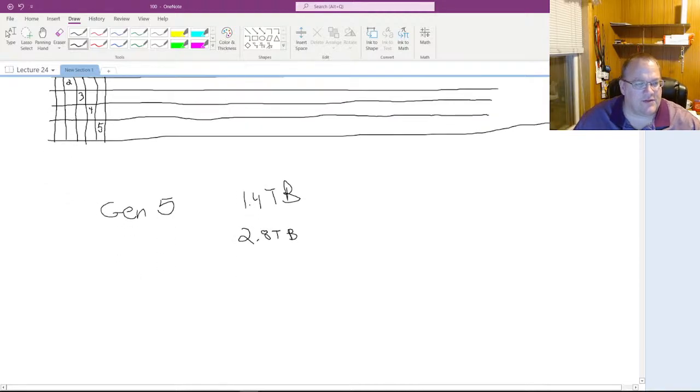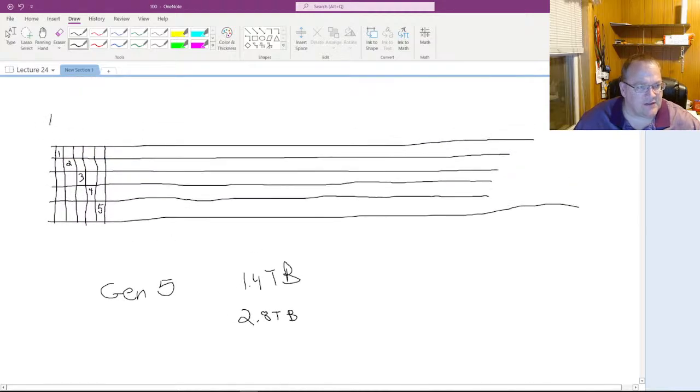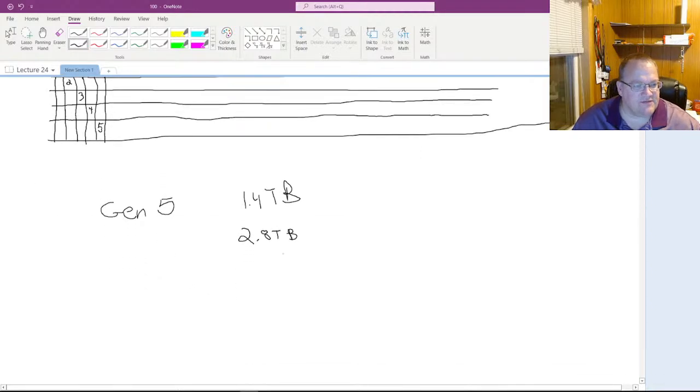But one of the things that's useful, this is called LTO, or linear tape open, which means that everyone knew what the standard was, so it wasn't proprietary or hidden. One of the things that's very nice about these is it's called deep error correction.